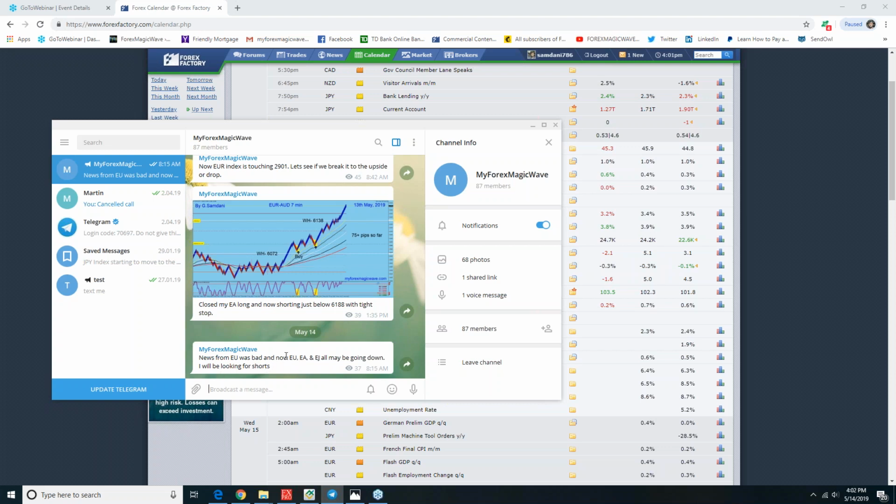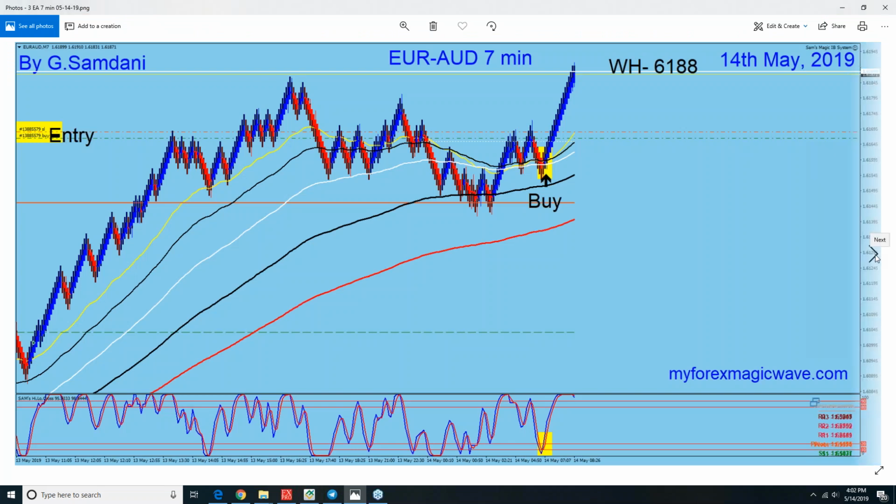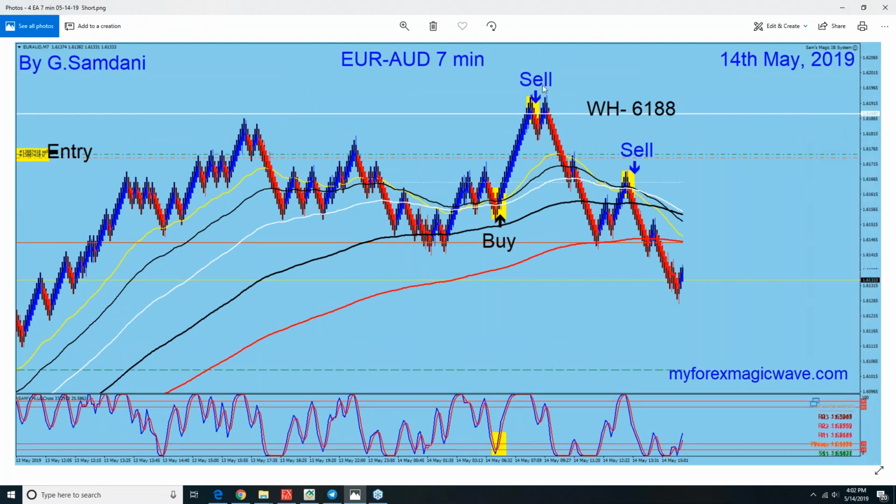I sent out the message on my Telegram, and here you can start seeing the trade started to come down. I took it a little bit late, but it still got something, right? So I got in here, and then it came down, it went up, and it gave me this beautiful setup.